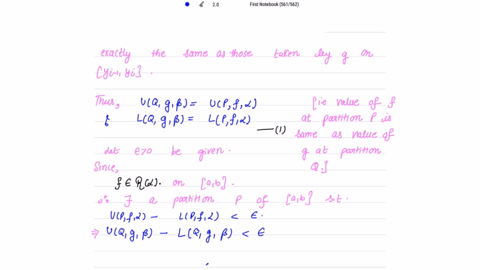But epsilon was arbitrary, which implies g is Riemann integrable with respect to beta on the closed interval [A, B], and the integral from A to B of g d beta will be equal to the integral from a to b of f d alpha. That's it.